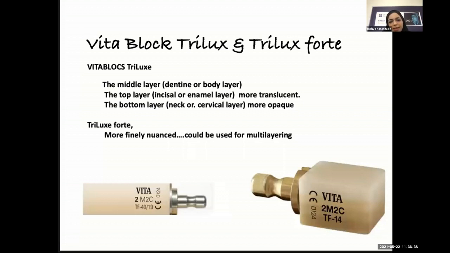In addition to the excellent reflective effect and the white fluorescence of Mark II blocks, various chroma and translucency levels can be combined in one block in Trilux 4, and as a result, they differ significantly from the monochromatic Vita Block Mark II.